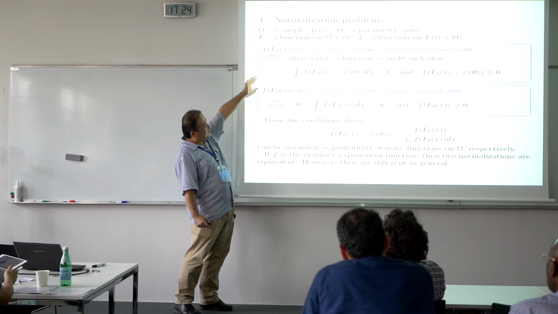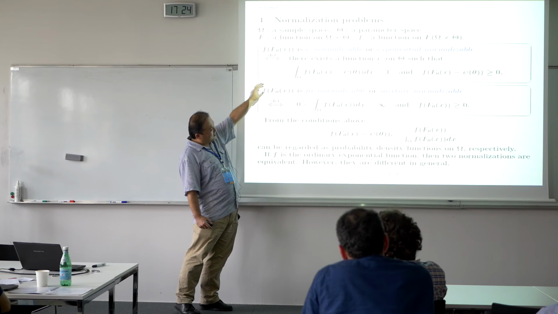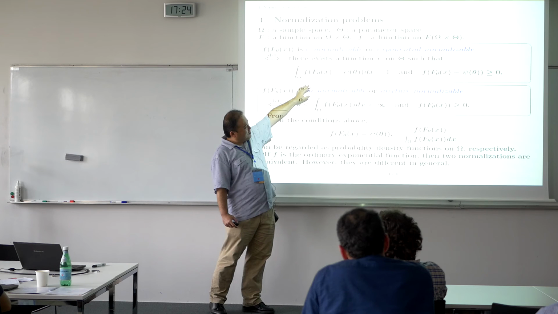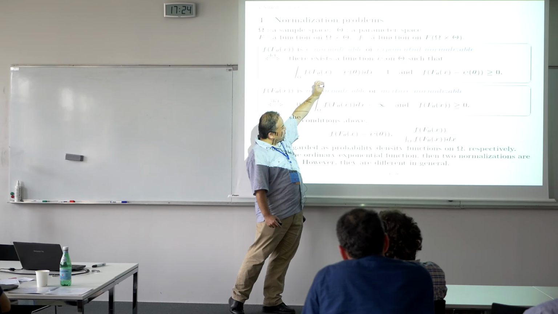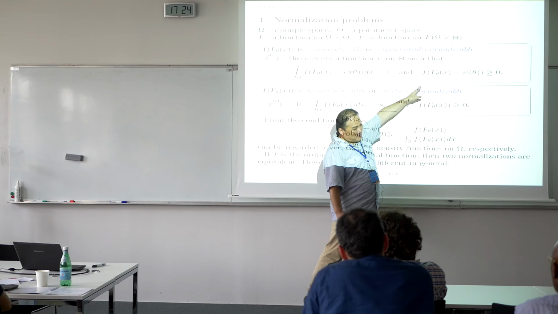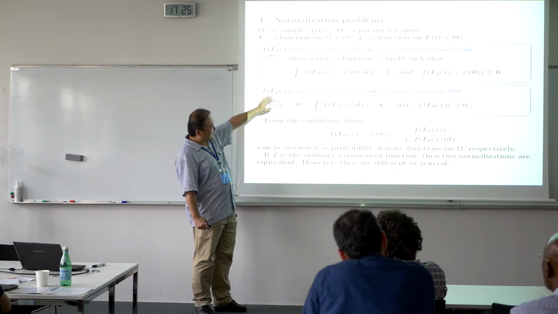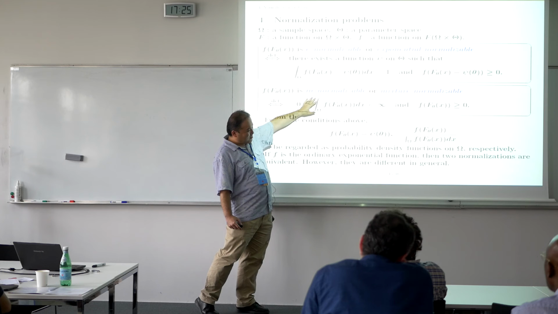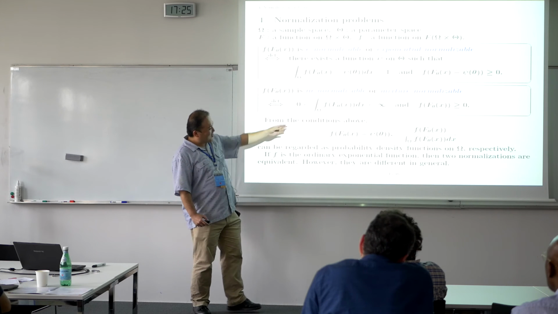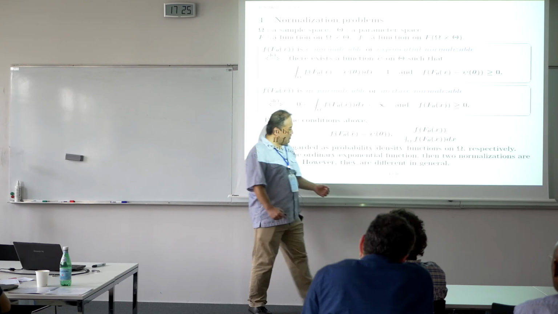A function f is called E normalizable, or exponential normalizable, if there exists a function psi theta such that the total integral equals 1, and this function must be non-negative. And this function is called M normalizable, or mixture normalizable, if the total integral is finite and this function must be positive.